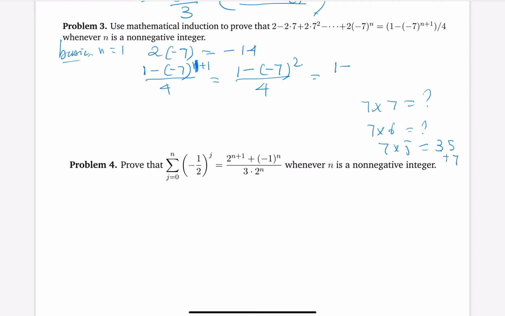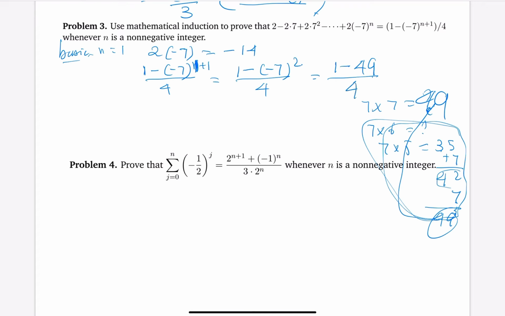I would have to add 7, and if I add 7 it is 42. If I add 7 also, it will be 49. Then 7 times 7 is 49. Anytime you forget, that's the process, okay? 7 times 7 is 49 then. Now, 49 over 4.